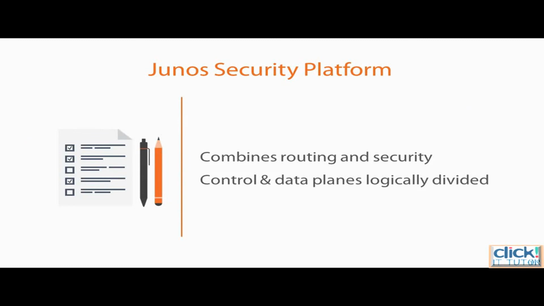Junos security devices are logically divided into a control plane and a data plane. The control plane is handled by a routing engine, which handles the chassis management, user interface, and routing protocol tasks. The data plane handles packets in a session-based format.